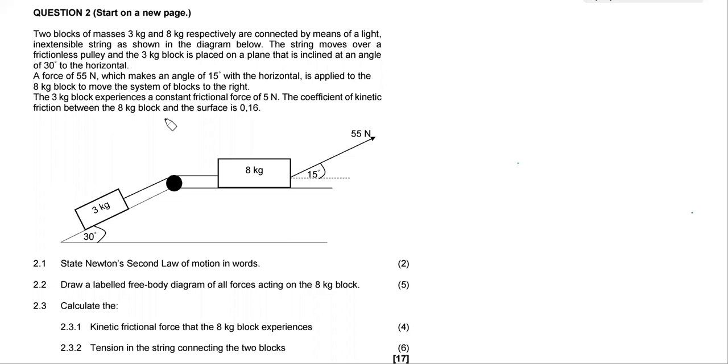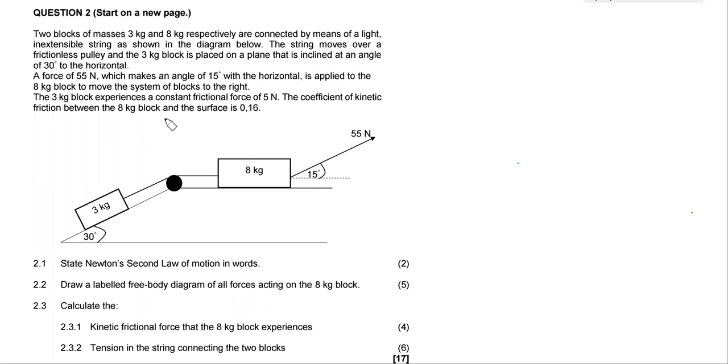Two blocks of masses 3 kg and 8 kg respectively are connected by means of a light inextensible string as shown in the diagram below. The string moves over a frictionless pulley and the 3 kg block is placed on a plane that is inclined at an angle of 30 degrees to the horizontal.